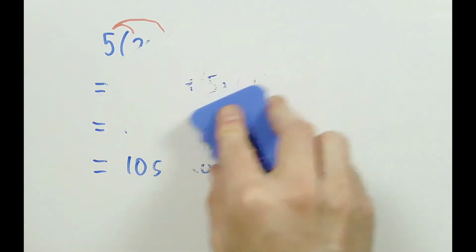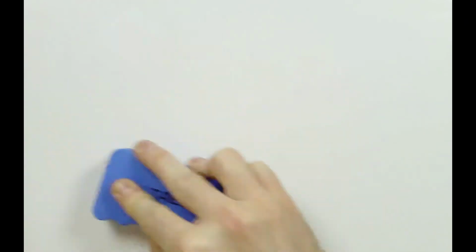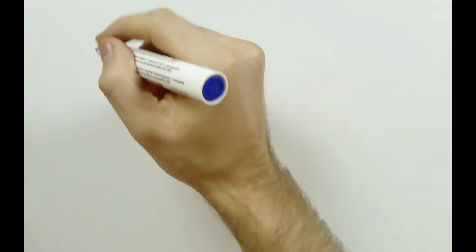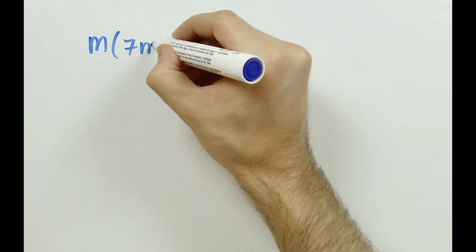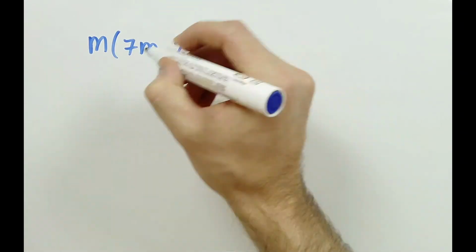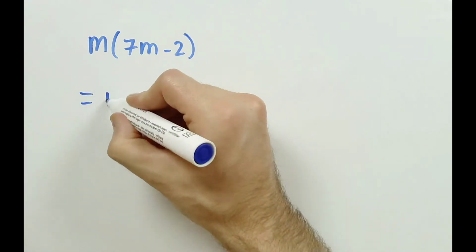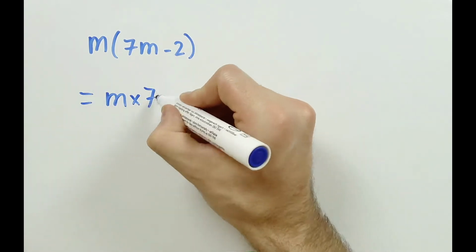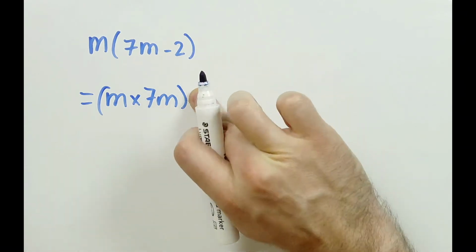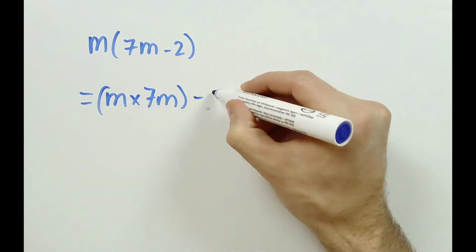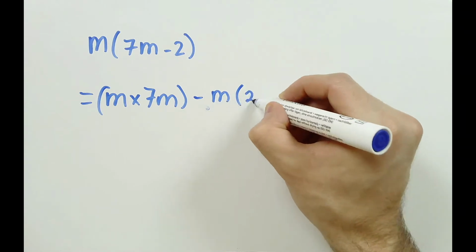So let's look at another example. We'll move a bit more quickly through this one. m outside of (7m - 2). So here we have m times 7m, minus m times 2.